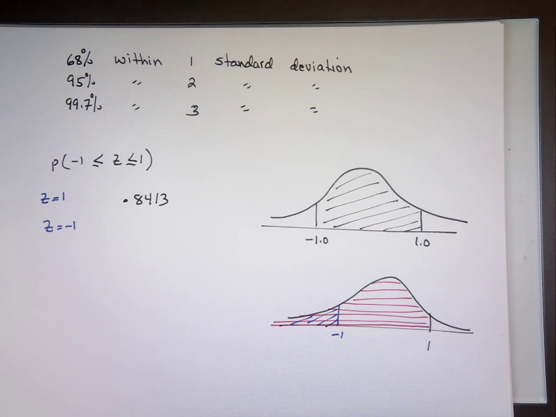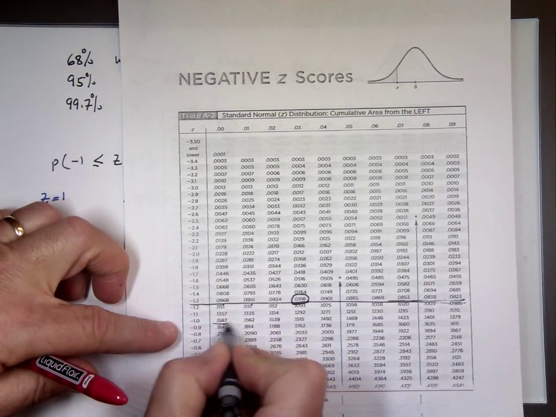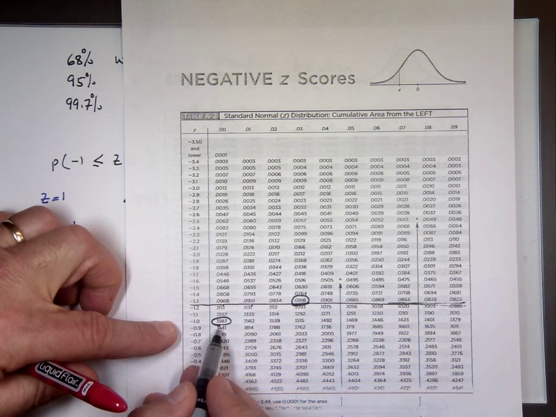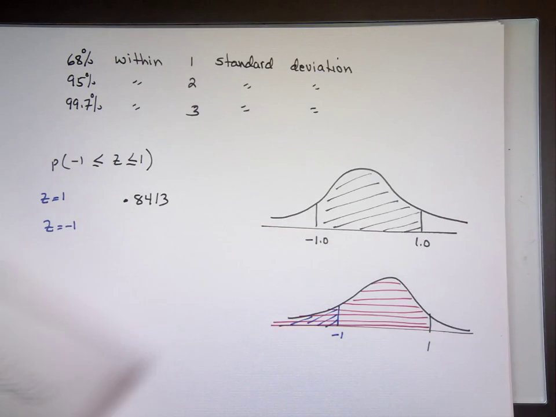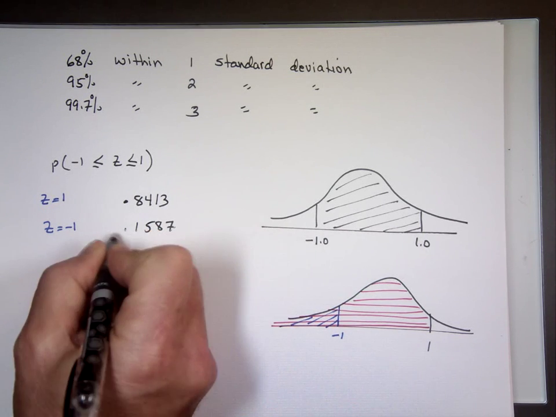So let me find what is the area to the left of negative 1. 0.1587. Everyone see that? Negative 1.00. And let's subtract them.